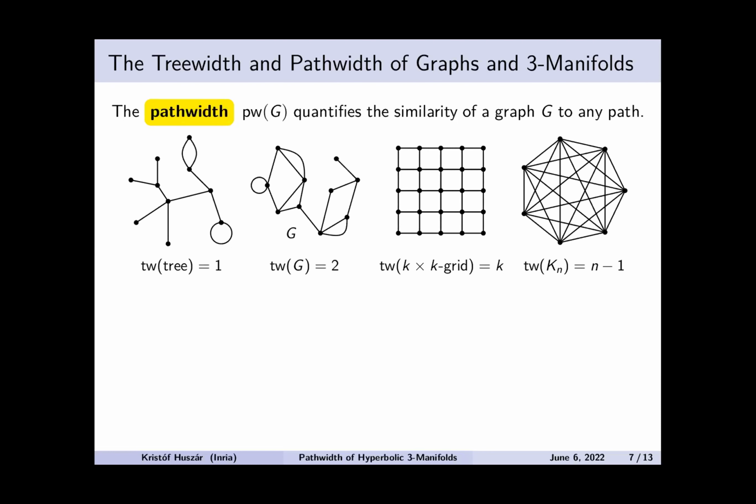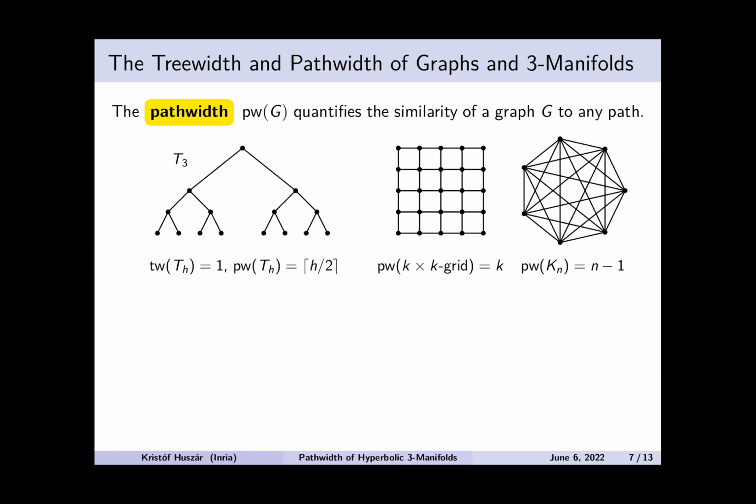And similarly for the pathwidth, the definition of pathwidth is very similar. It quantifies the similarity of the graph to a path. Now here, an interesting example is that while the grid and the complete graph have the same treewidth and pathwidth, the example on the left, the complete binary tree, shows that trees can have arbitrarily large pathwidth.